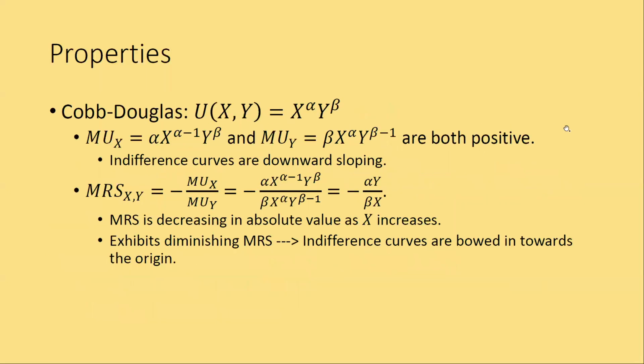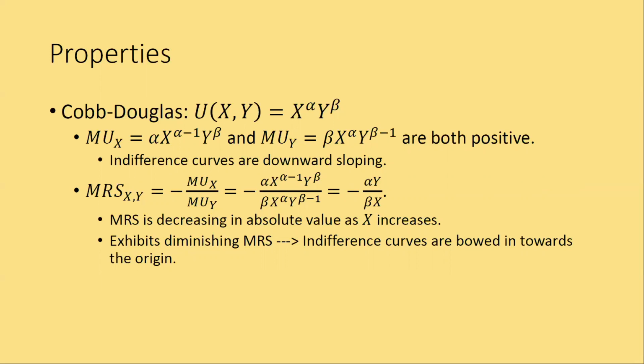And lastly, for Cobb-Douglas type of utility functions, we derived the marginal utilities, which are both positive, and we showed in last week's video that when the marginal utilities are both positive, the indifference curves must be downward sloping. It is one of the properties of the indifference curves. It has a marginal rate of substitution that is negative alpha y divided by beta x, and the absolute value of this expression is decreasing as x increases.